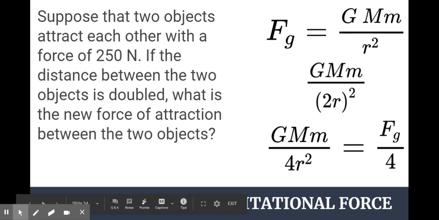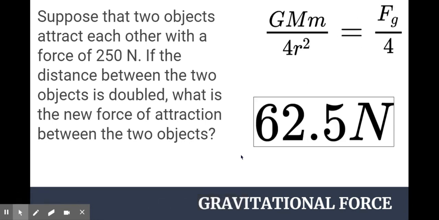So by getting a 4 here, I have a 4 in my denominator here. Therefore, our force is going to be quartered. You're going to take this 250, divide it by 4, and that is the new force of attraction between the two objects. That's the new force of gravity between the two objects.